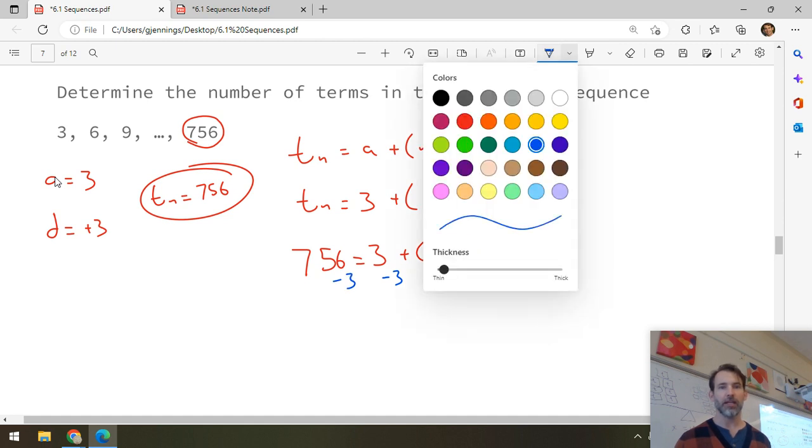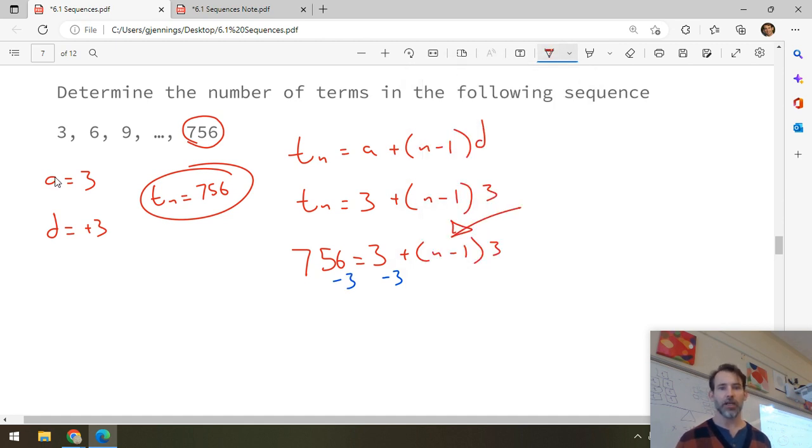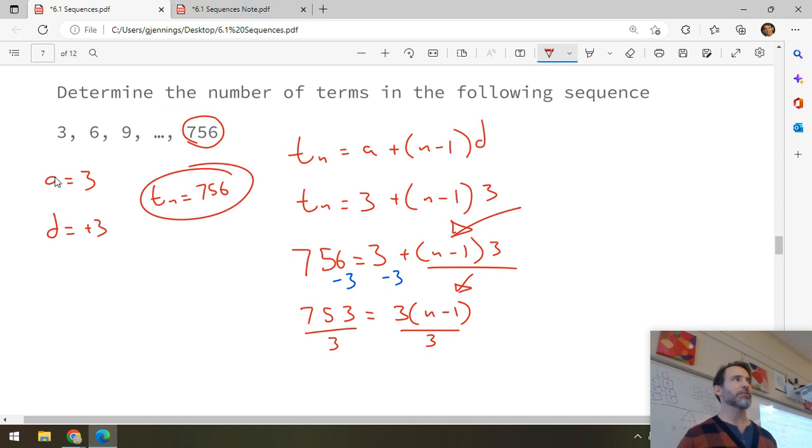I can do that in my head and get 753. 753 equals 3 multiplied by n minus 1. And then I can divide both sides by 3. 753 divided by 3 is 251. Use these as mental math puzzles if you can. It's good to work your mental math muscles.